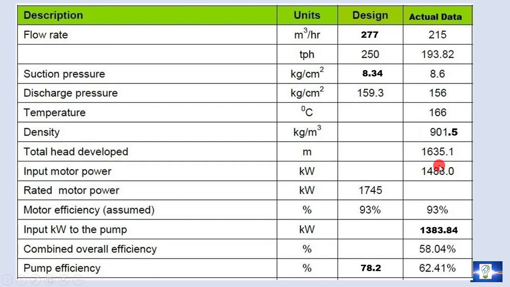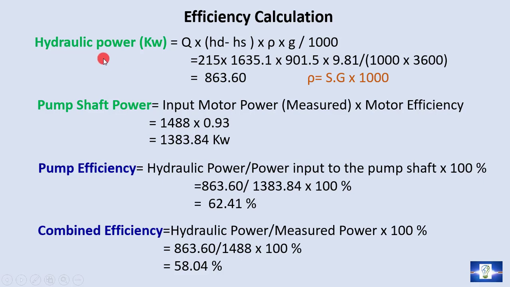So now we are going to the calculation part. Here we can see that the input kilowatt to the pump, meaning the pump shaft input power, is 1383.84 kilowatt. The hydraulic power is Q times (HD minus HS) times rho times g divided by 1000, with Q as 215 meter cube per hour, HD minus HS as 1635, and rho equal to 901.5.